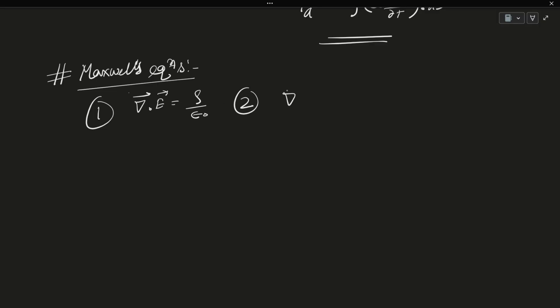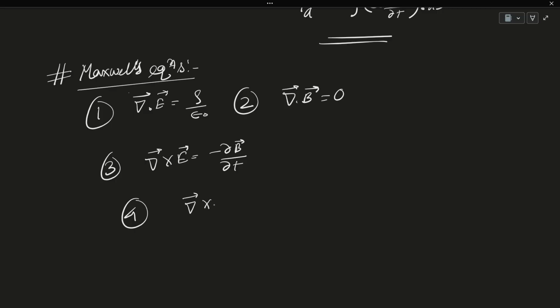What was the second one? Divergence of B equals 0. The third one was del cross E equals minus del B del t. And the fourth one was del cross B equals mu naught J plus mu naught epsilon naught del E del t. So all these four are known as Maxwell's equations.